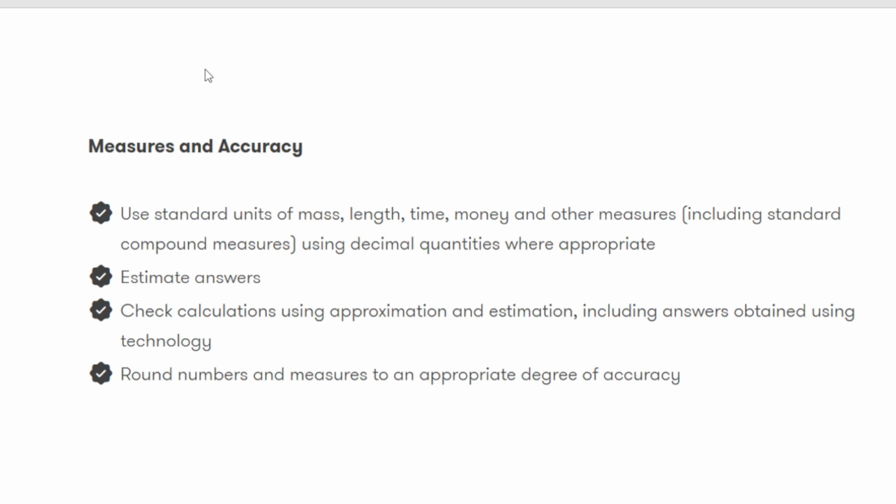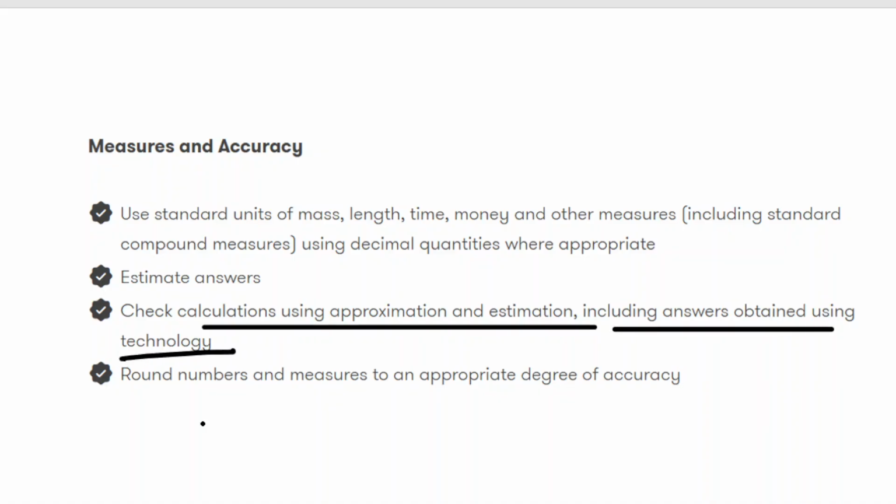And here comes the easiest, which is like free marks. Calculations using approximation and estimation, including answers obtained using technology. Rounding of numbers measured to an appropriate degree of accuracy.